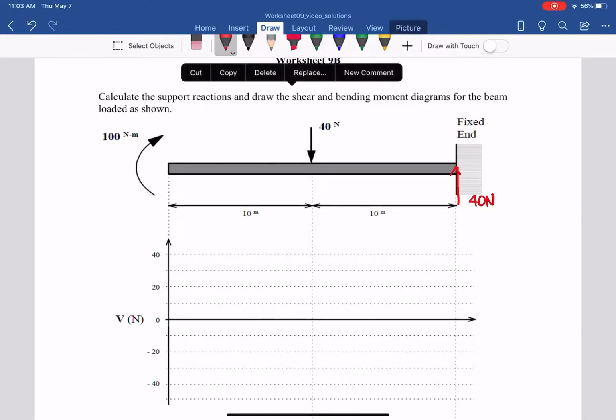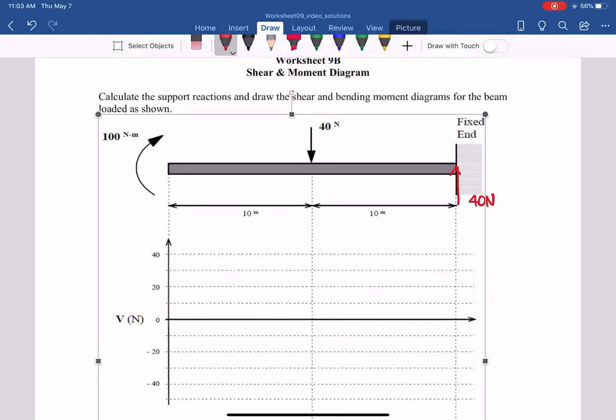It is 40 in the middle times 10, so it will be 400 Newton meter about the fixed end, counterclockwise, plus 100 Newton meter clockwise. So the net will be 300 Newton meter counterclockwise for the total external moment applied.